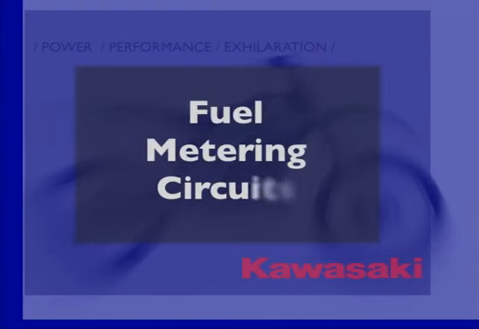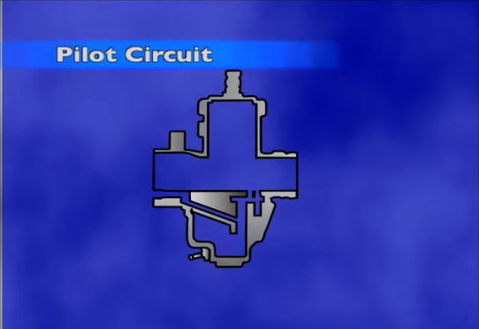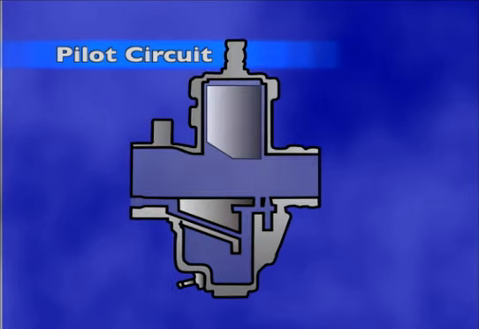To provide the proper air-fuel mixture at all throttle openings, several fuel metering circuits are used. The pilot circuit provides the proper amount of fuel from 0 to 1/8 throttle openings. The circuit consists of an air bleed, on some models a pilot air jet, a pilot mixture screw, one or more pilot discharge ports, and one or more bypass ports.